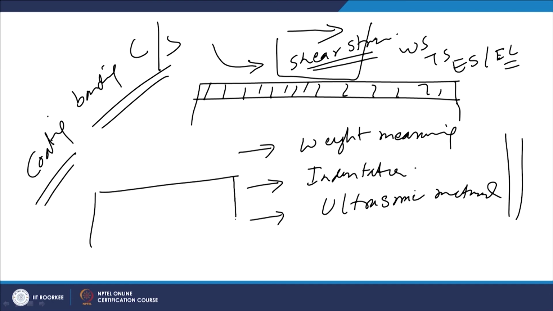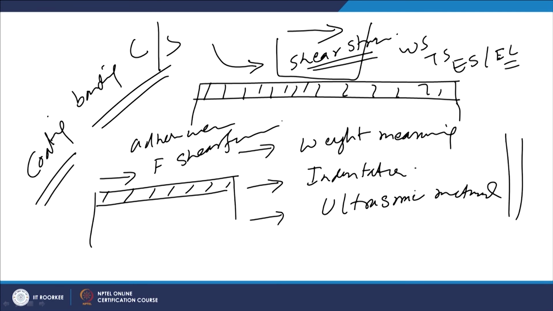then the modified zone, meaning the layer which has been deposited, will be under, especially under adhesive wear conditions, the surface due to the friction force experiences the shear force, and because of the presence of this shear force the shear stresses will be acting in the modified zone.